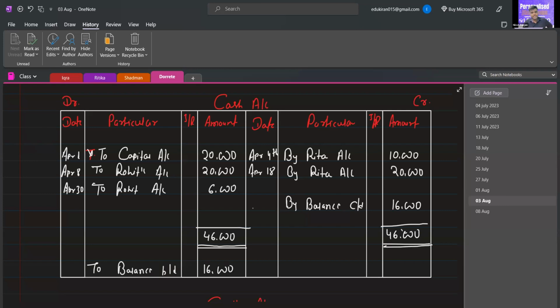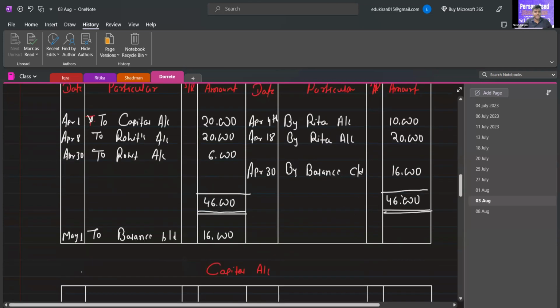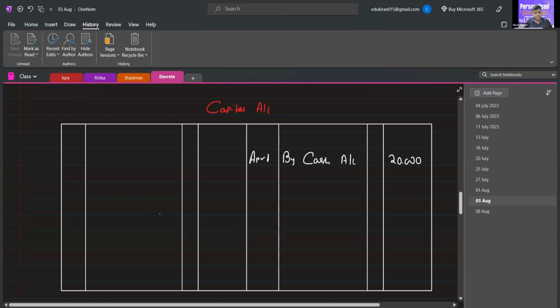Now this balance CD is calculated on the last date, so April 30th, and this next period the starting date, so May 1st. Okay, sir. Next account, capital account.